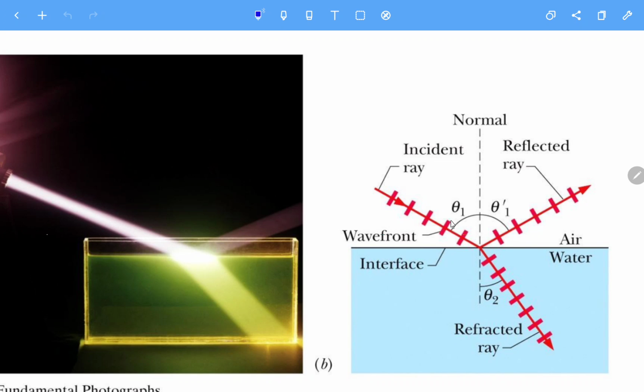The incident angle is from the normal line to the incident ray, so this is theta 1. The reflected ray is theta 1 prime, also counted from the normal line. So we have theta 1 equals theta 1 prime. For this system, part of the light will be reflected, and part of the ray will go through, but at a refracted angle.